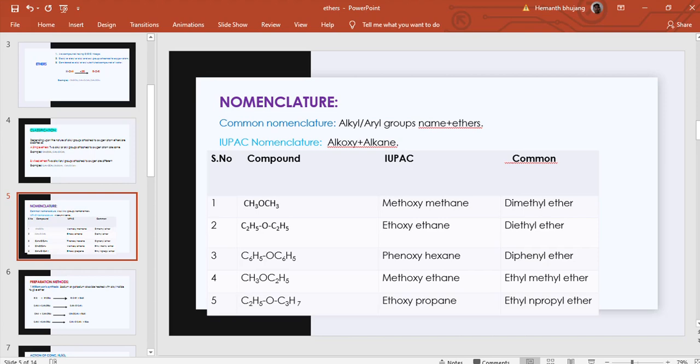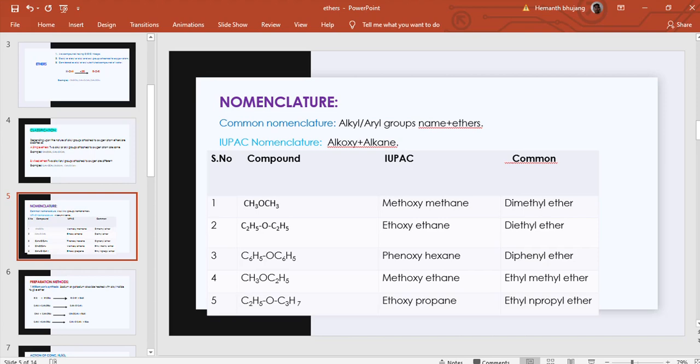When you have mixed ethers, or two different alkyl groups, remember that the smaller alkyl group should always be named as alkoxy, and the larger alkyl group should be named as alkane. Understood? When we have two different alkyl groups attached to the oxygen, the smaller alkyl group is always considered as alkoxy, and the larger alkyl group is considered as alkane.